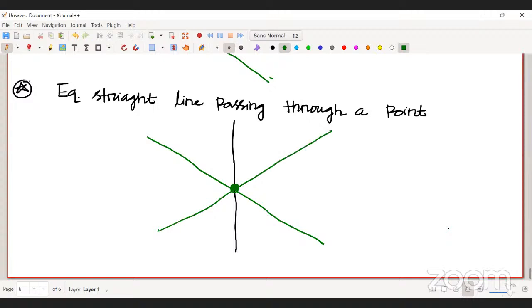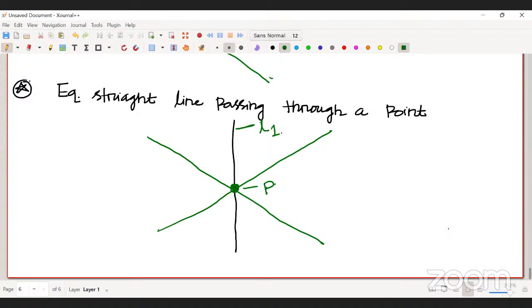And from this point, another point is the origin. Then how can we find the equation of that line? Now, what is given here? This line passes through this point P, and you are saying as well as the origin, right?